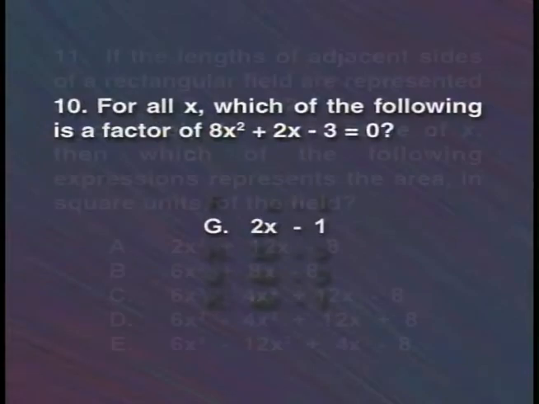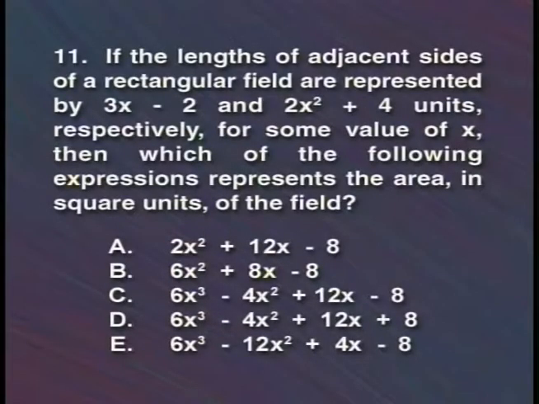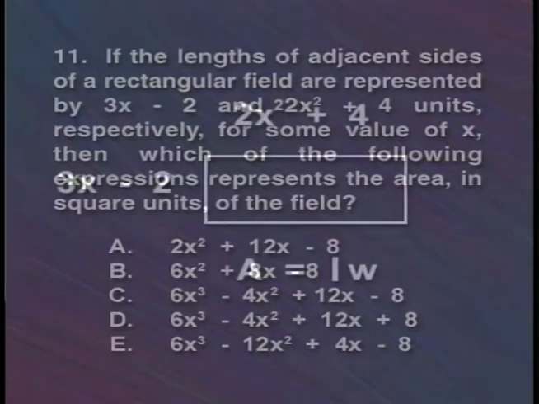Problem 11. If the lengths of adjacent sides of a rectangular field are represented by 3x minus 2 and 2x squared plus 4 units, respectively, for some value of x, then which of the following expressions represents the area in square units of the field? Let's draw a rectangle.